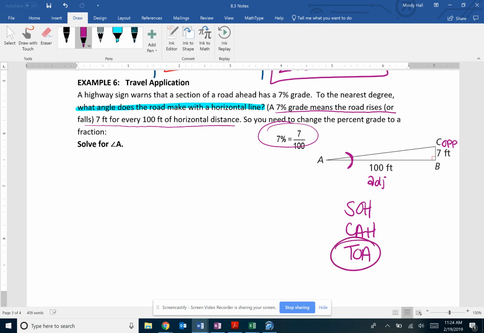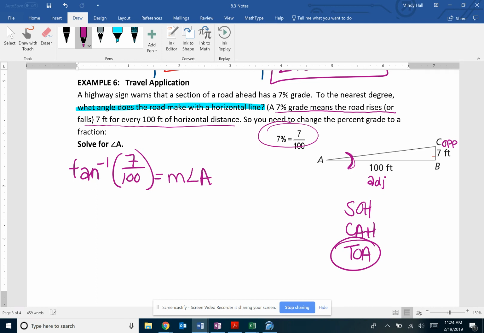But remember, my unknown is an angle. So if my unknown is an angle, you're going to have to use the inverse function. So inverse tan or arctan is opposite over adjacent. So opposite is 7 over adjacent is 100. And what does that equal? We don't know.